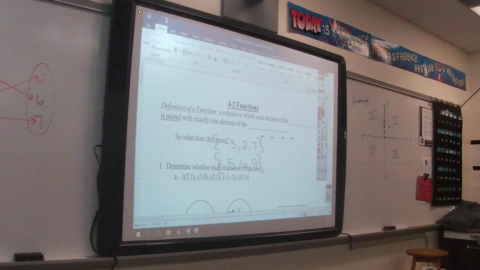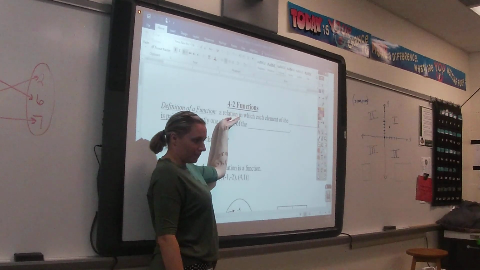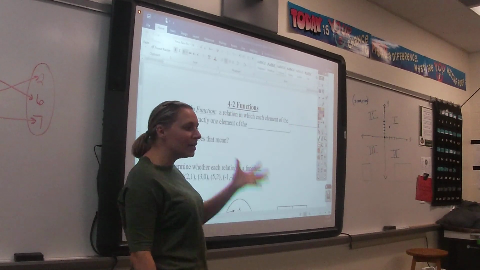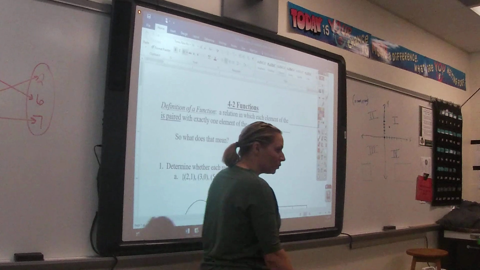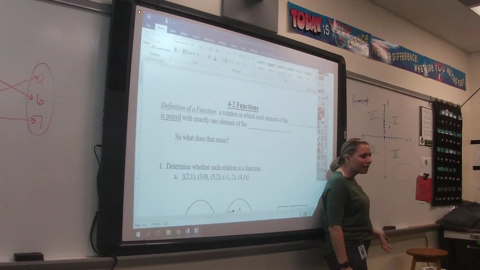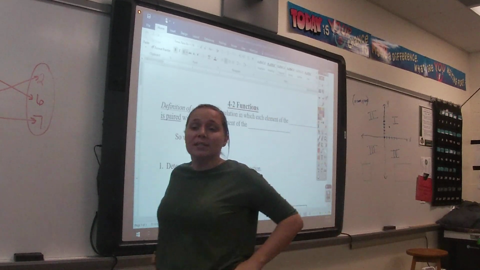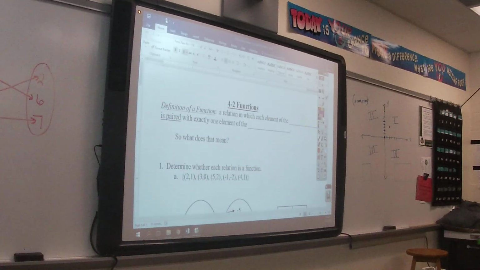So everything that we just talked about still applies. Okay, a function is a relation. It is just unique. It has a unique characteristic. A square is a rectangle where all of the sides are equal. So all of the rules we talked about are still fair game.